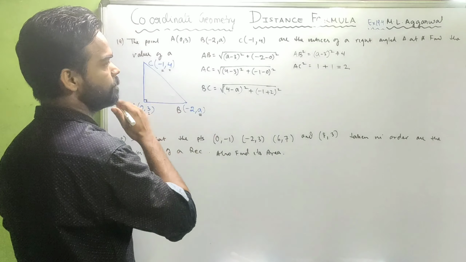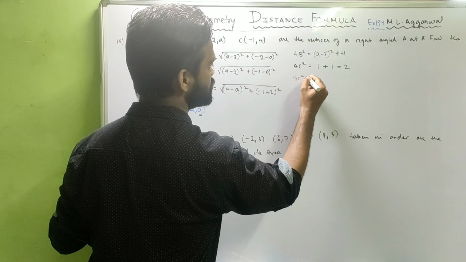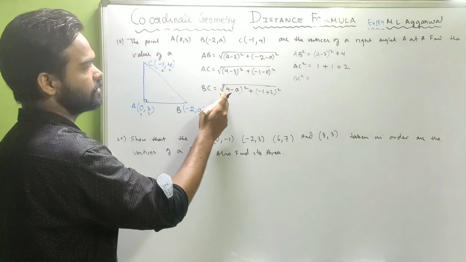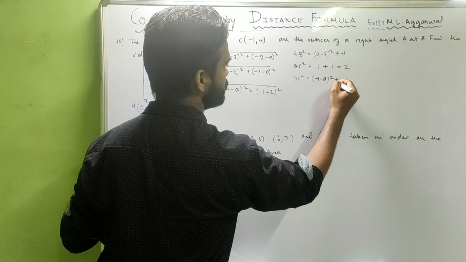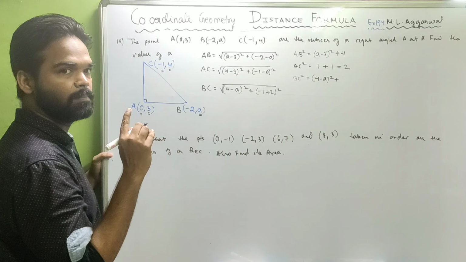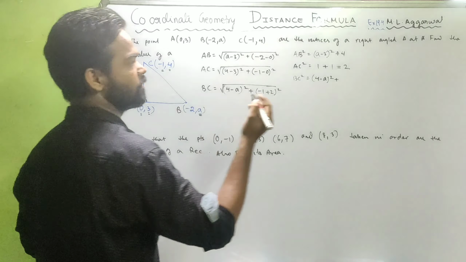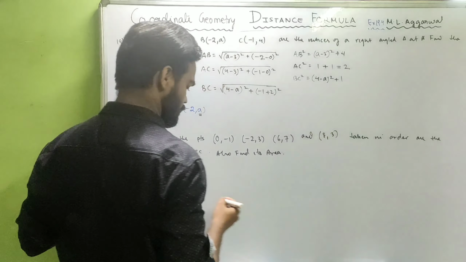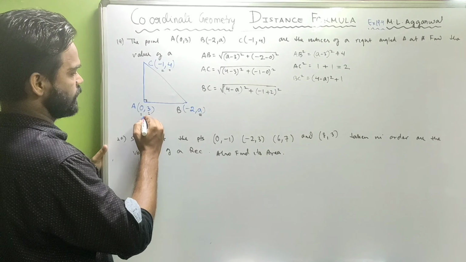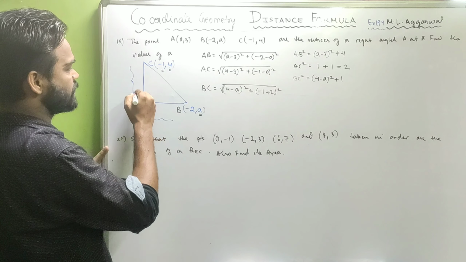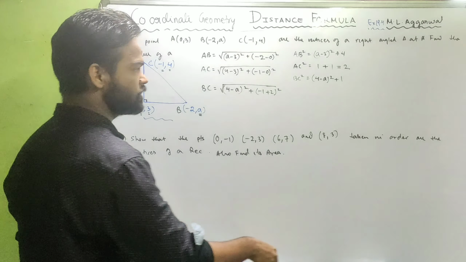Okay, BC square if you find, look carefully, (4 minus a) whole square, plus (minus 1 plus 2), which means 1 whole square, will be 1. So we got AB square plus AC square will be equal to BC square.